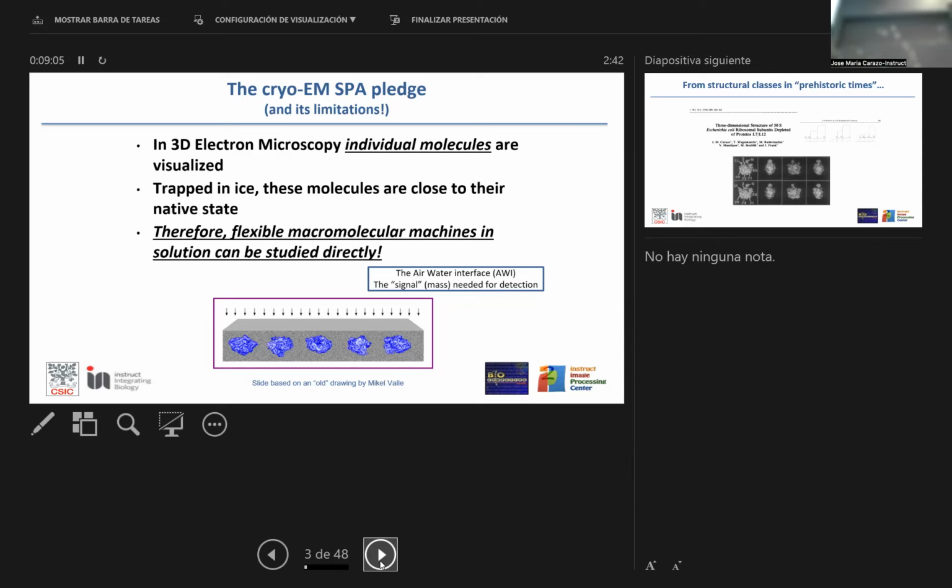All this means that the access to conformational space has some caveats. That is very good, and everything I am going to be telling you always starts from understanding the limits of what you are doing.